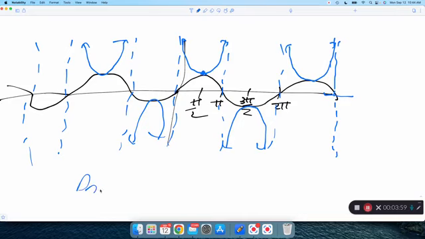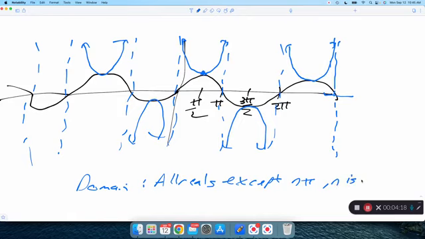So my domain is all real numbers, except we're not allowed to use n pi, where n is an integer. All of those will give us 0 in the denominator. And our range, exactly the same range as secant. I'm using all of these y values here and here.